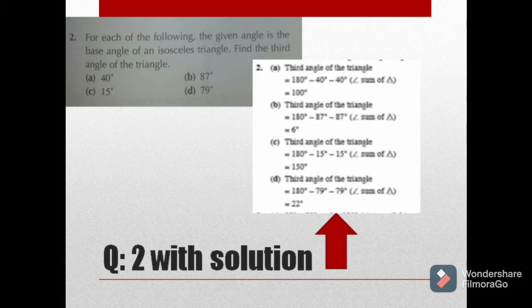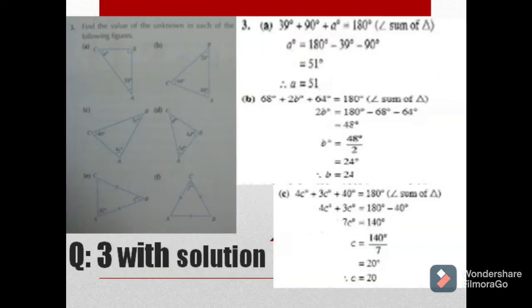So let's move ahead. This is question number 3, which says find the value of the unknown in each of the following angles. In the first part, you can see a small square in the corner of angle B, which shows that this angle is equal to 90 degrees.